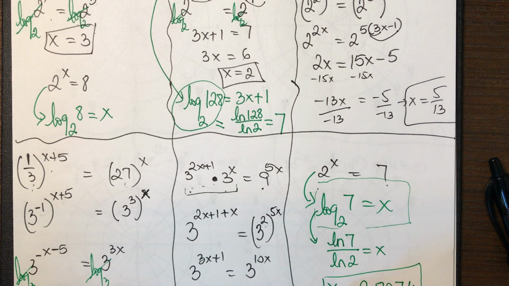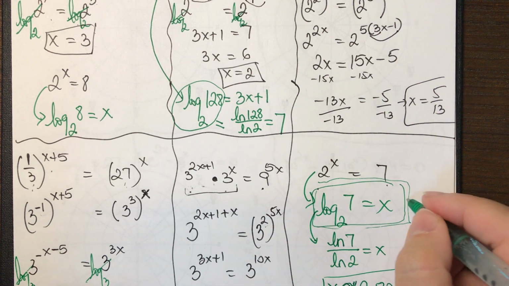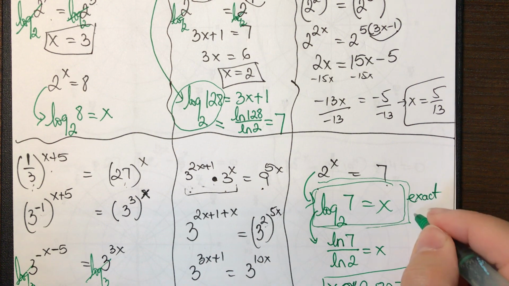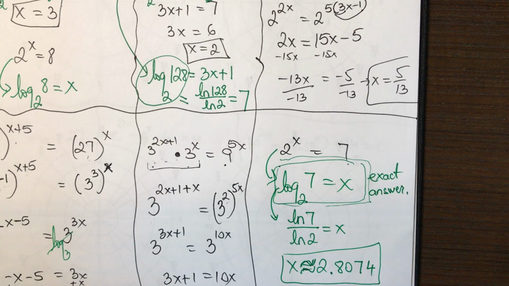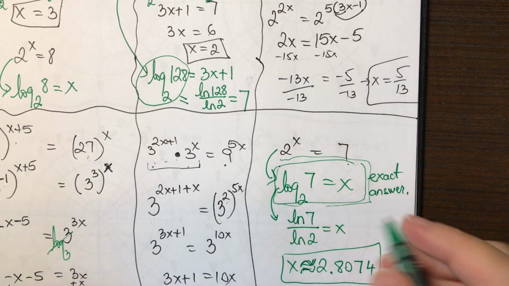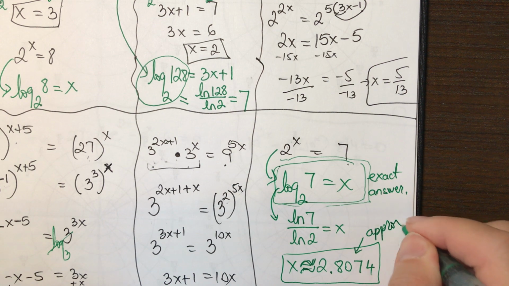Okay, and again, this is just an approximation. Right up here would be your exact answer, which is kind of nice. That means you don't actually even have to use your calculator or know the change of base formula. And this is your approximation.